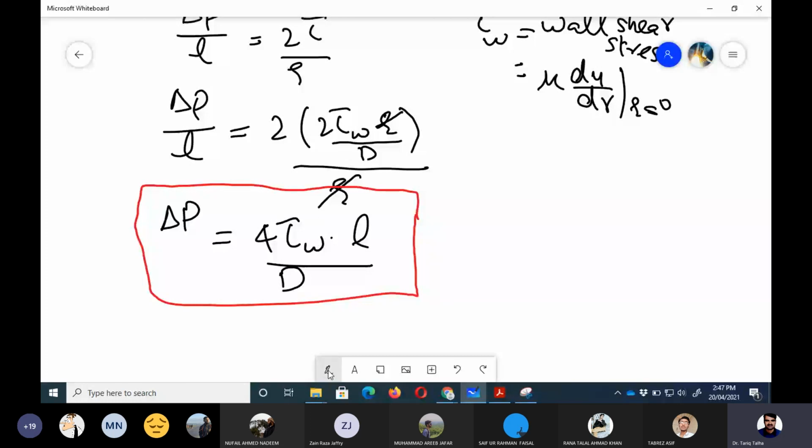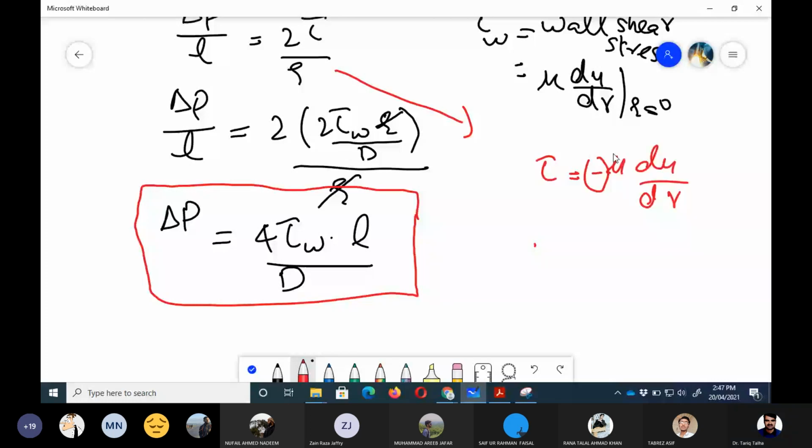If we need to get the velocity here, then it is very easy, we can use the relation which is shown here, and then we put tau is equal to minus mu du upon dr. Minus is because this is the kind of resistive force, so that's why we put minus here.